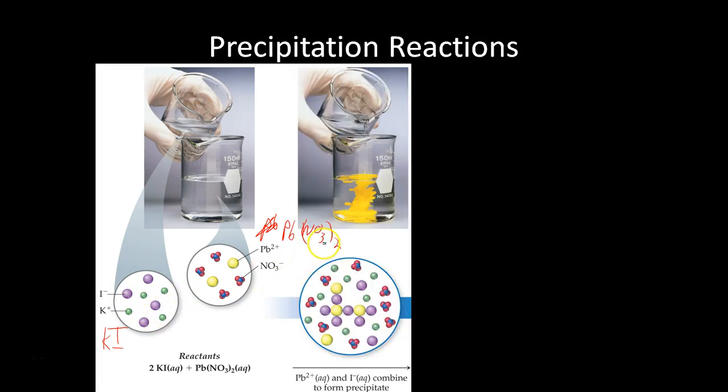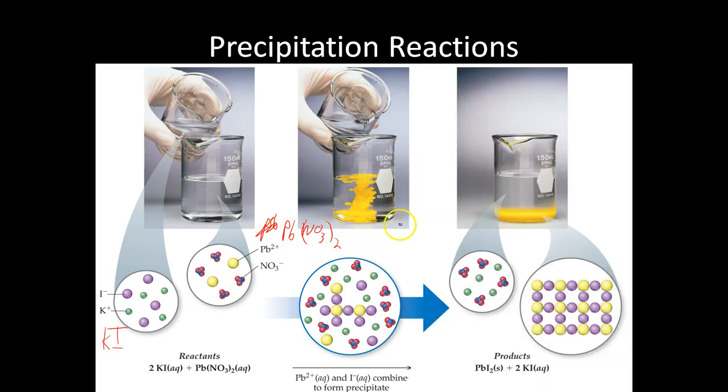An interesting thing happens. When you mix these two solutions, all of a sudden you get this weird yellow stuff. What's happening is that these lead ions and the iodide ions combine and form something that we call a precipitate, this yellow stuff. So we see that some ionic compounds are not soluble in solution, and lead iodide is one of those examples.